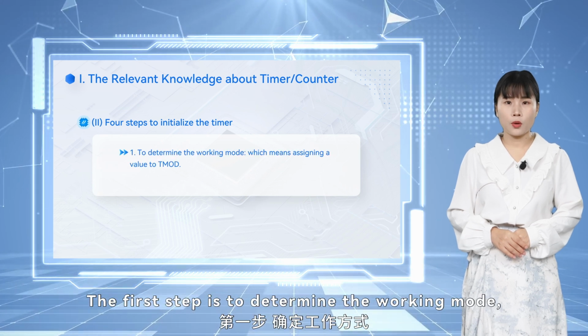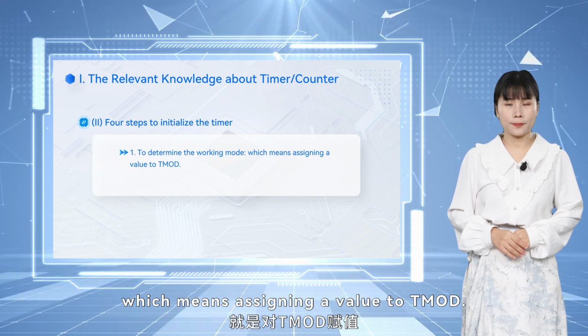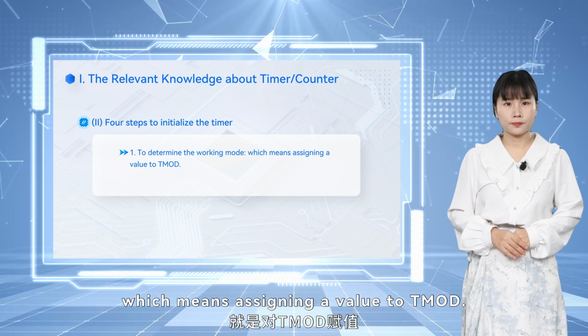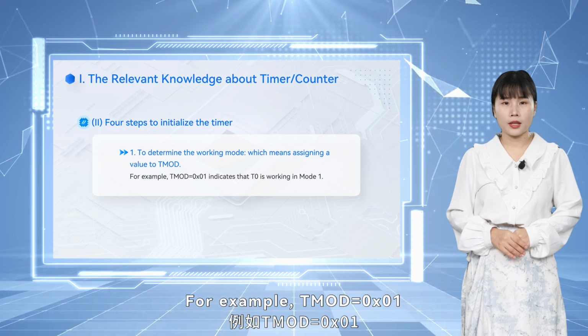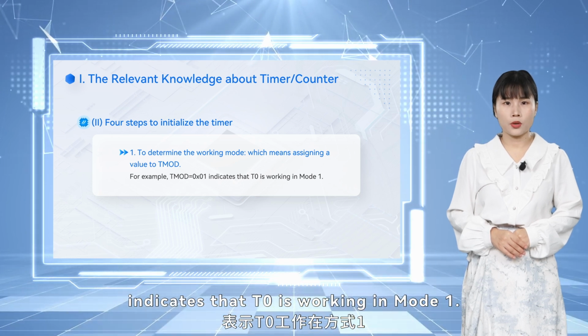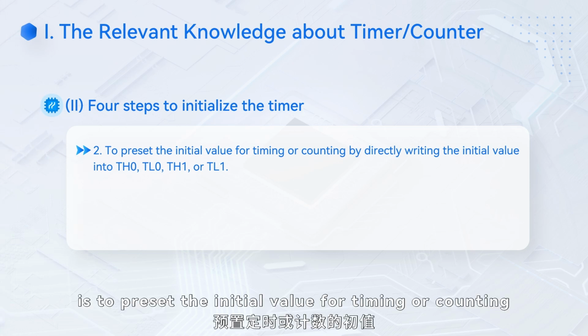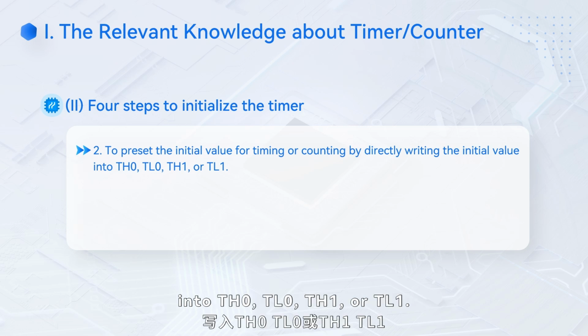The first step is to determine the working mode, which means assigning a value to TMOD. For example, TMOD = 0x01 indicates that T0 is working in mode 1. The second step is to preset the initial value for timing or counting by directly writing the initial value into TH0, TL0, TH1, or TL1.